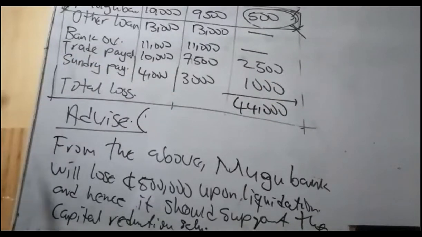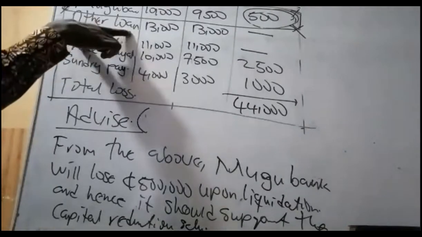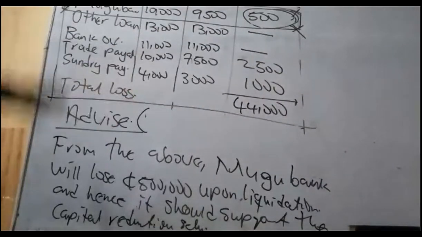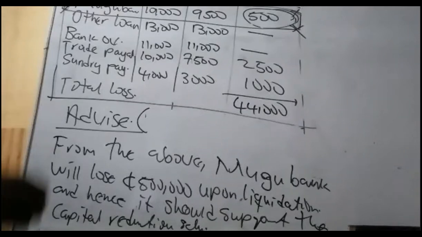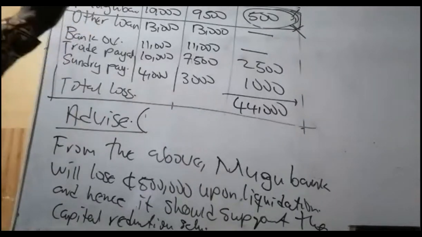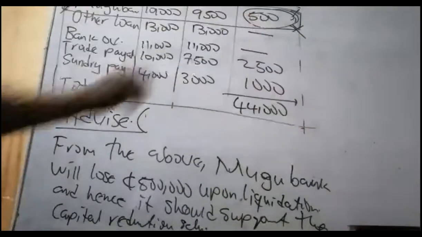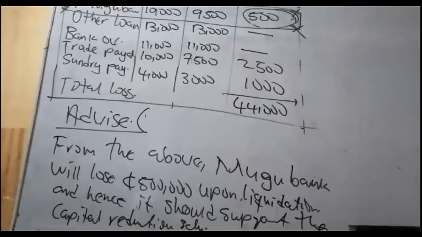But they say you should advise them. Then you tell them that from the above calculation, you are losing 500,000 upon liquidation. And hence, you should support the capital reduction if the loss over there will be less than 500. That should be the advice.